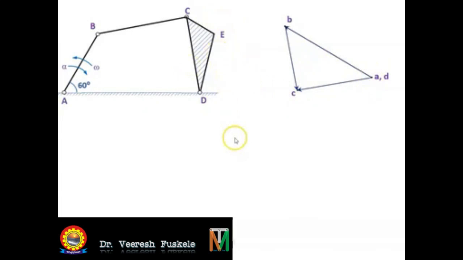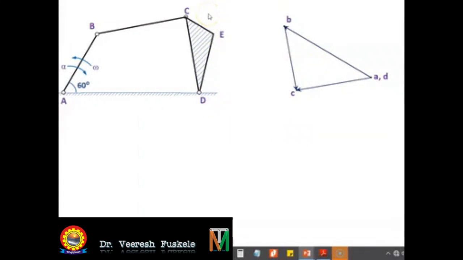the configuration diagram. Now, to draw the velocity diagram of the ternary link CDE, we can draw in two ways. Either we can use the previous method, like we can draw the perpendiculars of part CE and part DE from the point C and D respectively, and the intersection of the two lines or the two vectors will give you the point E here.